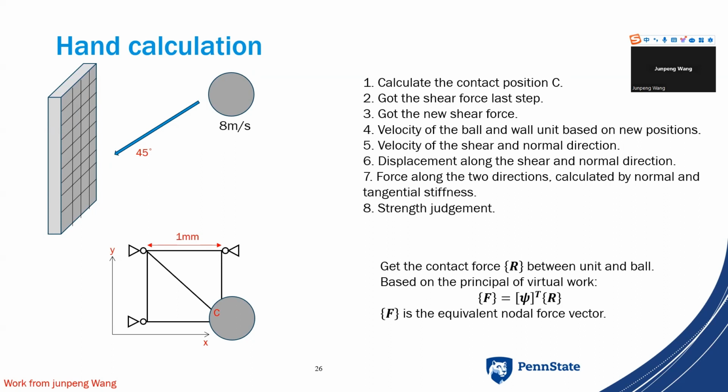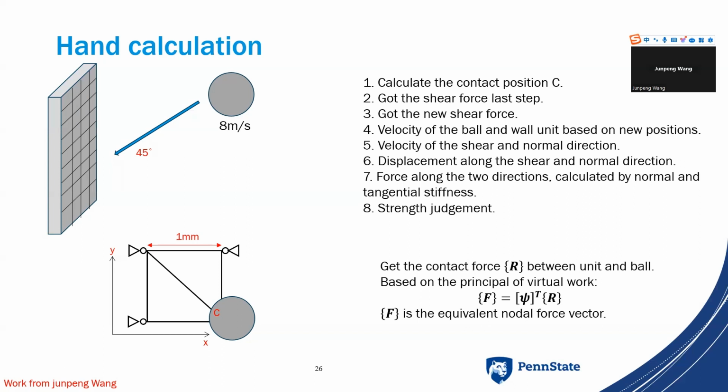After we acquire the contact force R between the ball and the wall, we can calculate the nodal force vector on the unit based on the principle of virtual work.